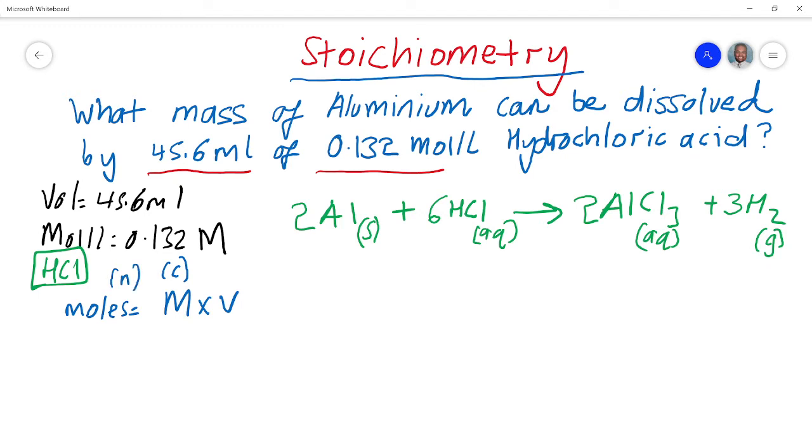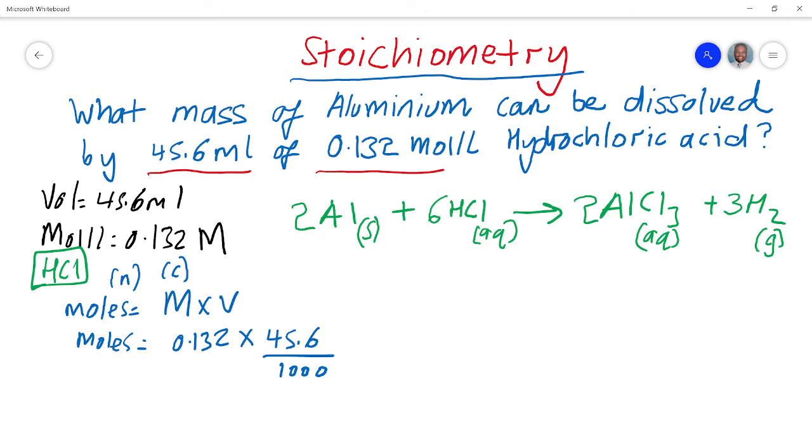So n is equal to C times V. The number of moles is molarity, 0.132, times 45.6, and we need to divide by 1,000 because the unit for volume is liters, and 1 liter is 1,000 milliliters. Therefore, 45.6 milliliters needs to be converted to liters.